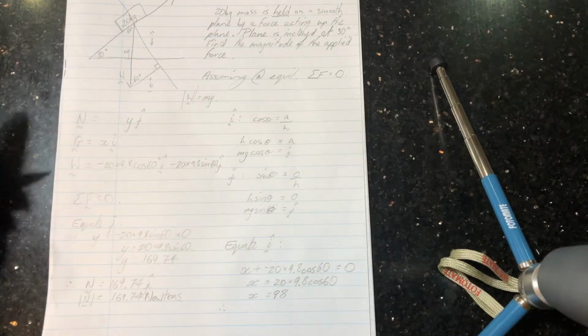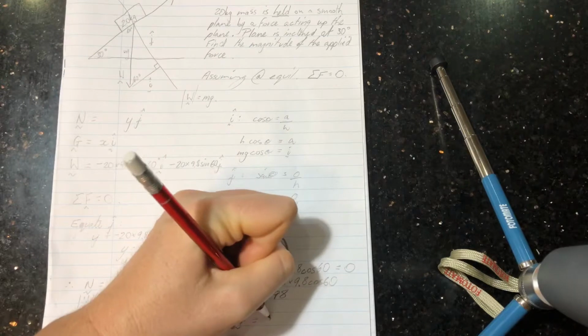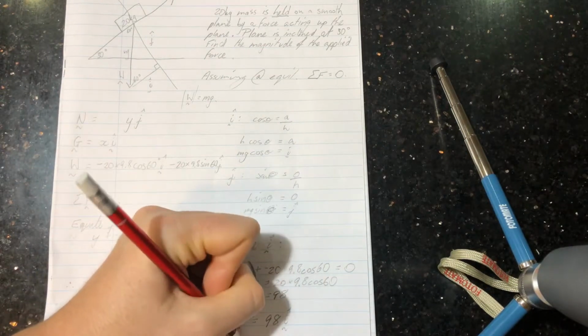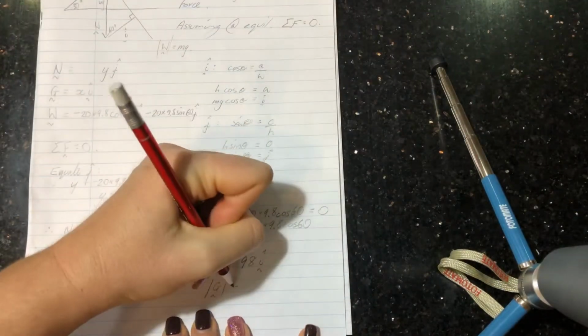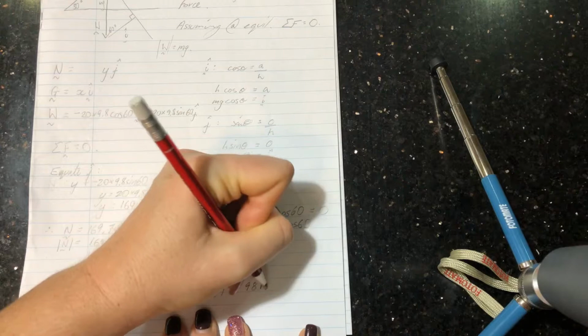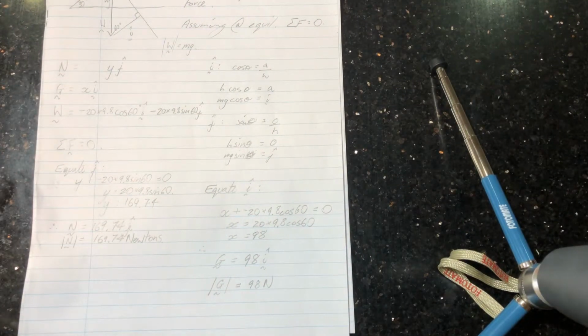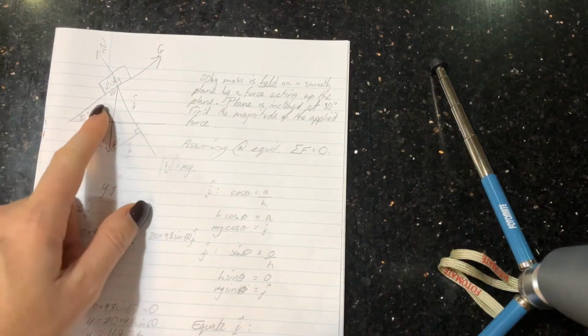Therefore my applied force is 98 I, or the magnitude of my applied force is equal to 98 newtons. So that's the magnitude of my applied force in this case.